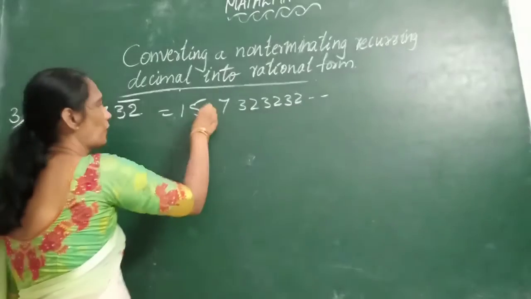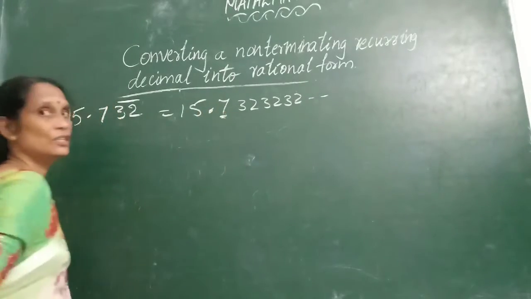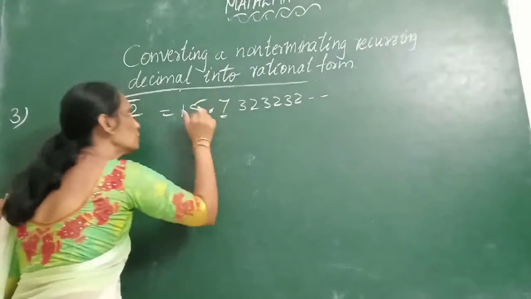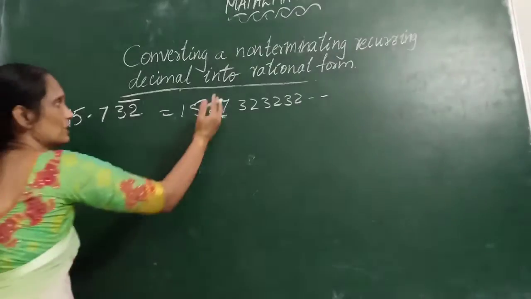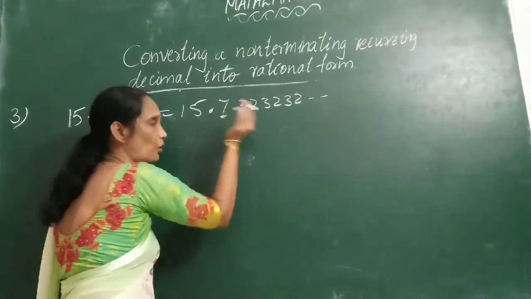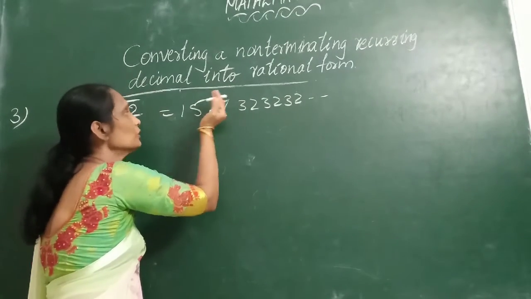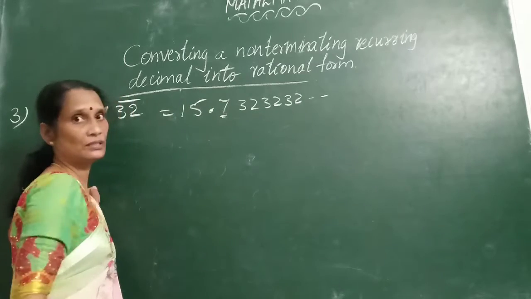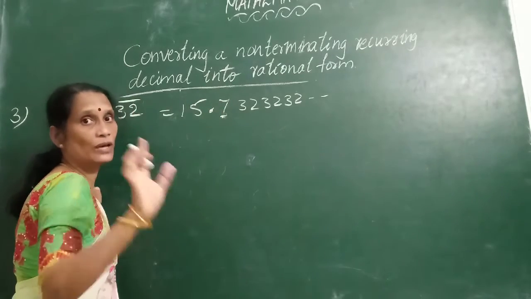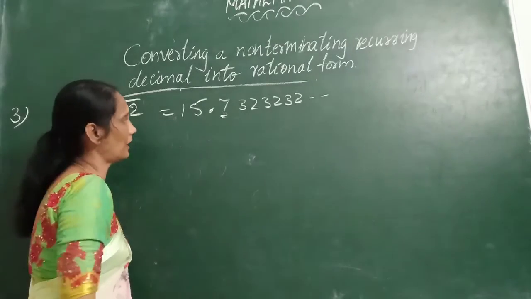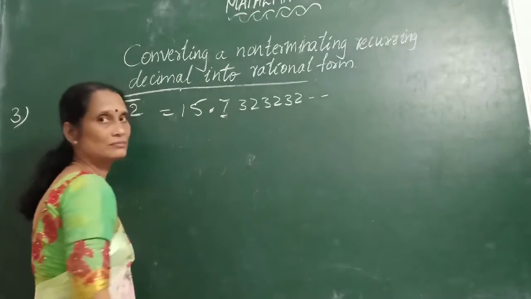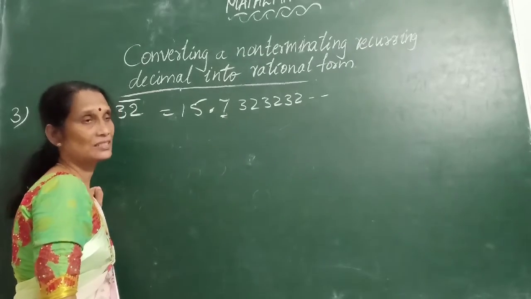First of all, after the point, the digit 7 is not repeating. So let us bring this 7 to this side. First, separate out this decimal digit 7 which is not repeating, and bring it along with the 15. That means we have to multiply by 10 first. Did you understand?